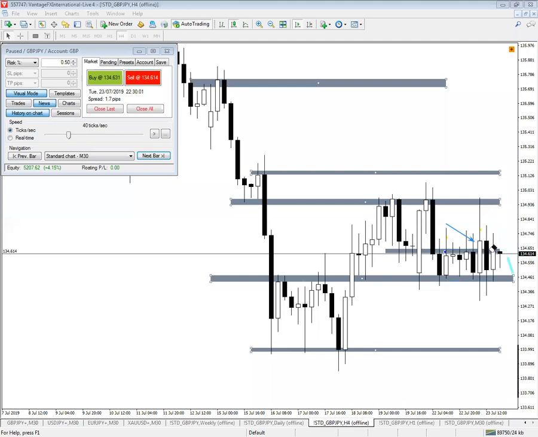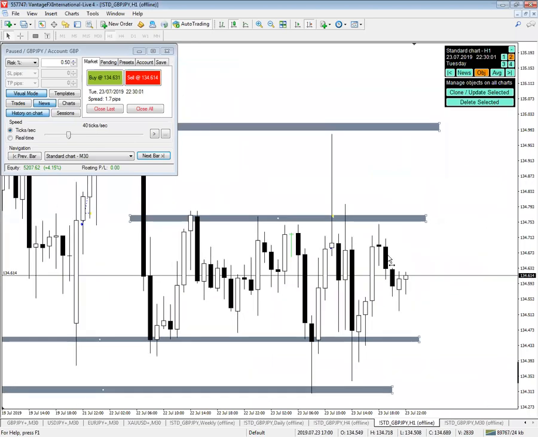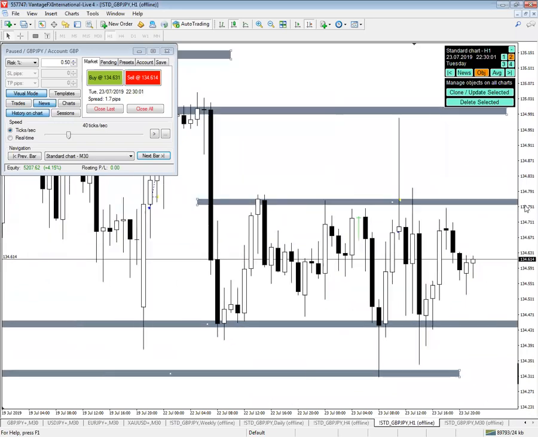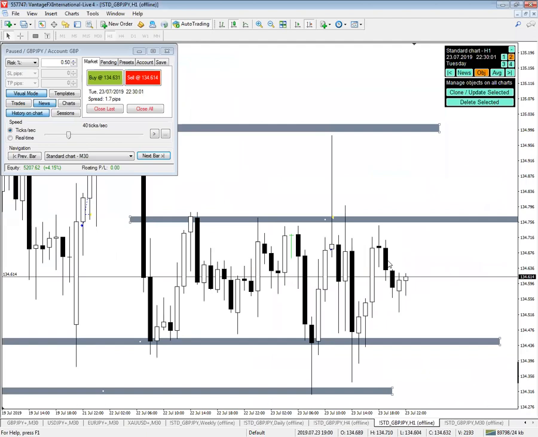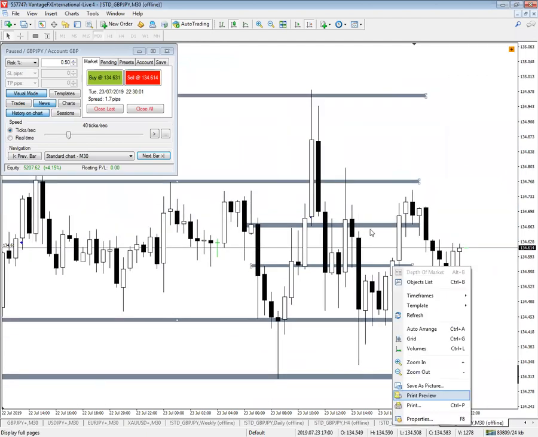So taking a trade, I don't see us getting a trade in the Asian session. I mean, look at this range here on the hourly. This range on the hourly is just a mess. Absolute mess. The 30 minutes, even worse.